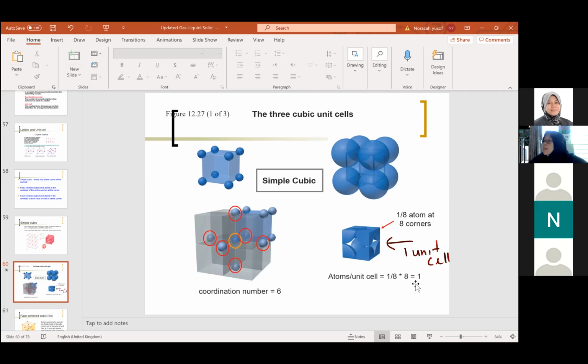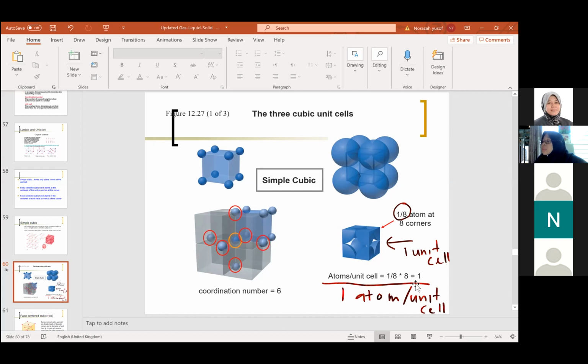You can see that every corner contributes 1/8 atom. So in total, for simple cubic, you have 1 atom per unit cell.